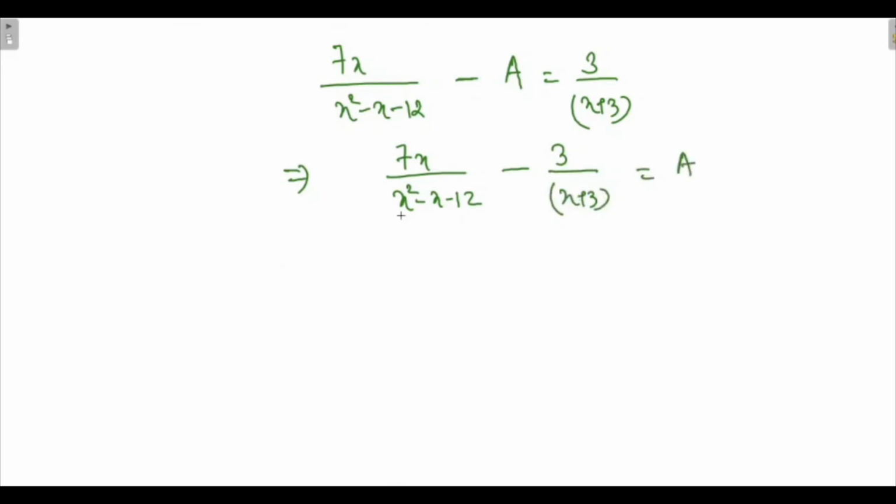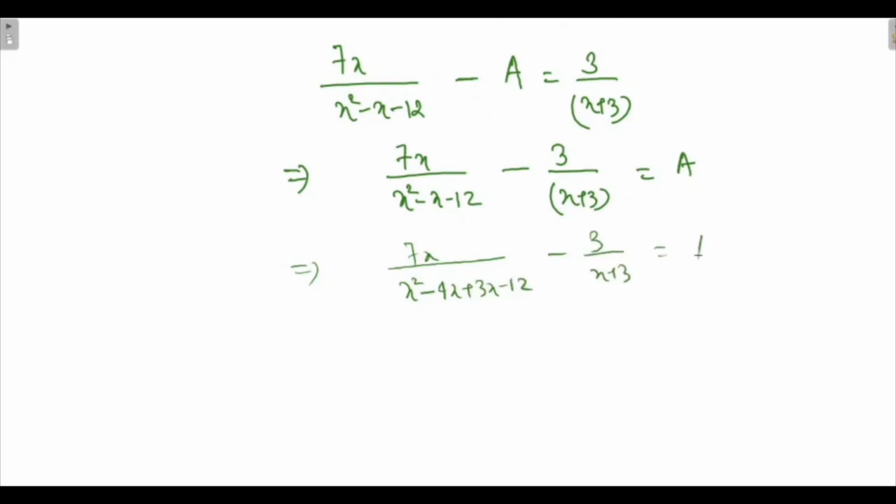Okay. Now look at this expression x square minus x minus 12. Can we factorize it? Can we factorize this like this? x square minus 4x plus 3x minus 12, minus 3 upon x plus 3.